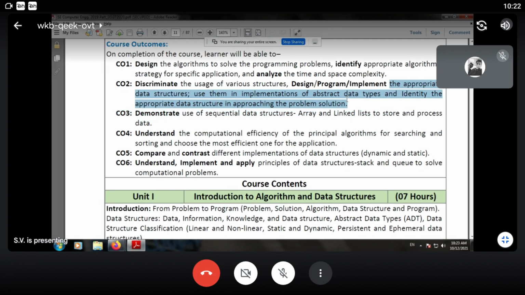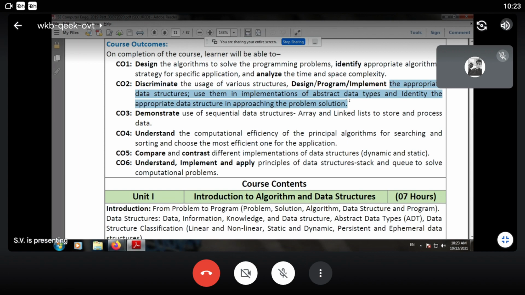So the appropriate data structures must be selected by the student, used, and implemented as ADT. So what was ADT? It is the description of the data structure. And due to ADT, we are able to understand the associated functions with the data structure and the space complexities.